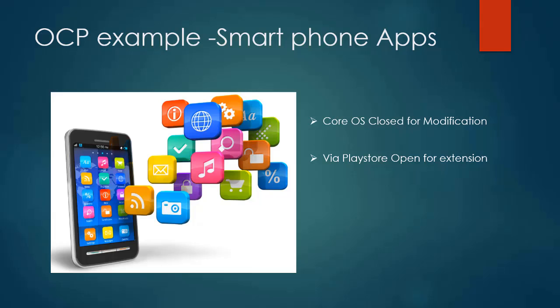OS providers like Google and Apple make the core phone functionality closed for modification and they open it for extension. As an app developer, the core OS logic of Android and iOS is not exposed for you to modify. Instead, you have an extension point from which you extend it and add new features to the phone's capability.